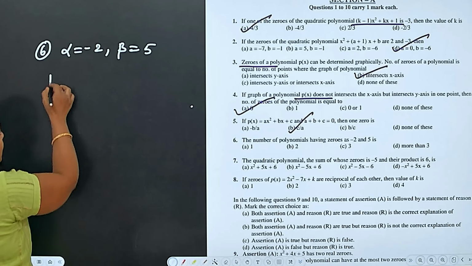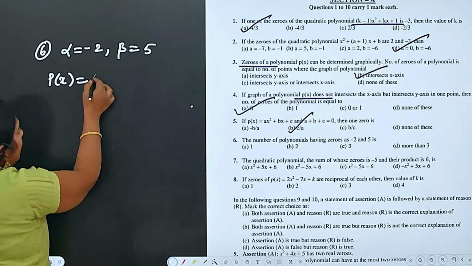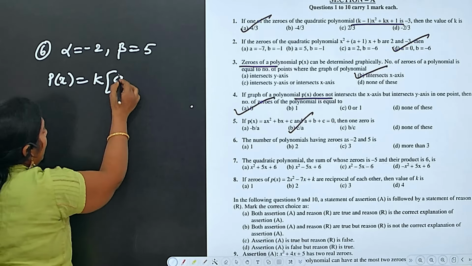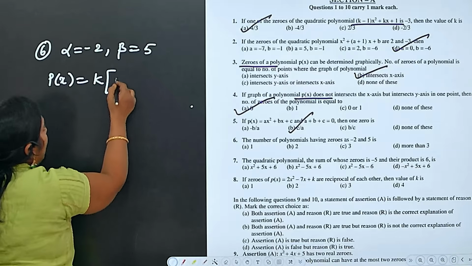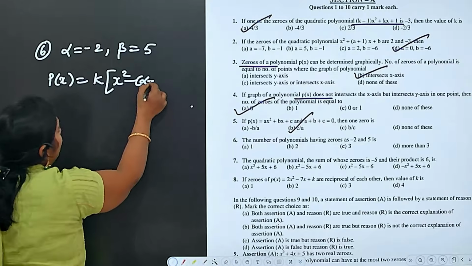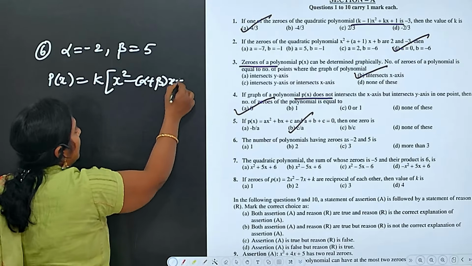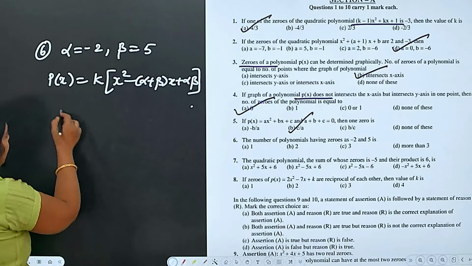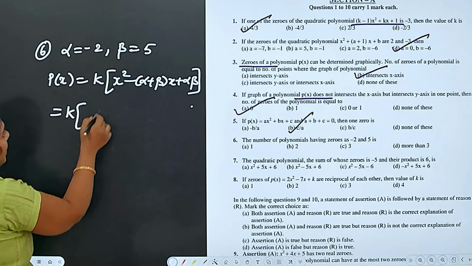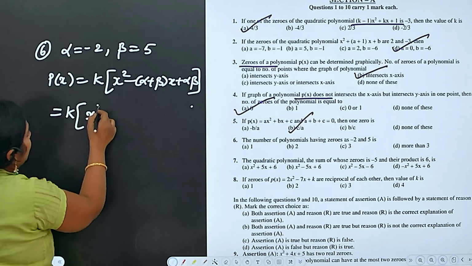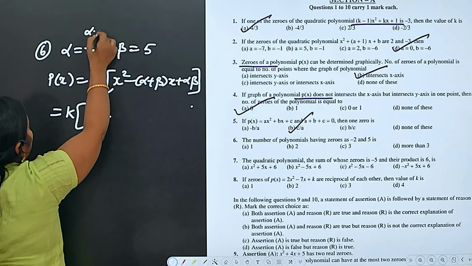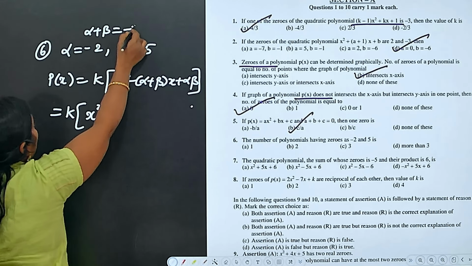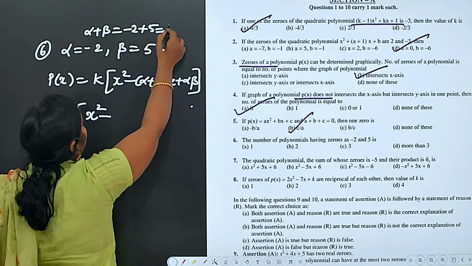P of x equal to k into x square minus of alpha plus beta into x plus alpha beta. Antena? It is equal to k into x square minus, find out alpha plus beta, minus 2 plus 5 equal to 3.